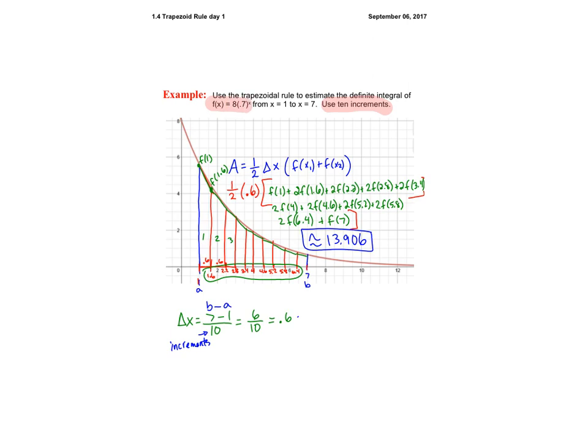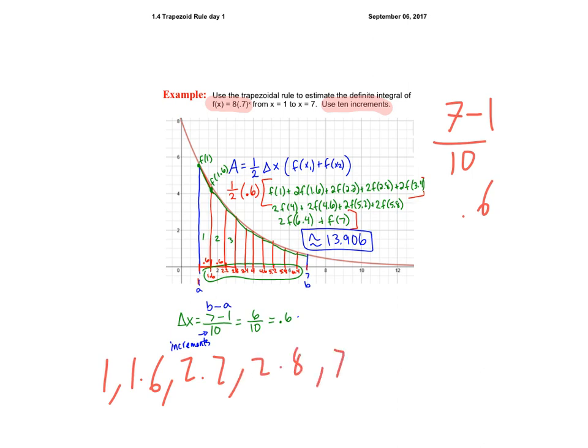Well, first of all, find out what the x's are. So in this case, what you want to do is go 7 minus 1 divided by 10. That would give you 6 divided by 10, which is 0.6. So the first one's going to be x being 1, and then 1.6, and then 2.2, 2.8, 3.4, and so on.